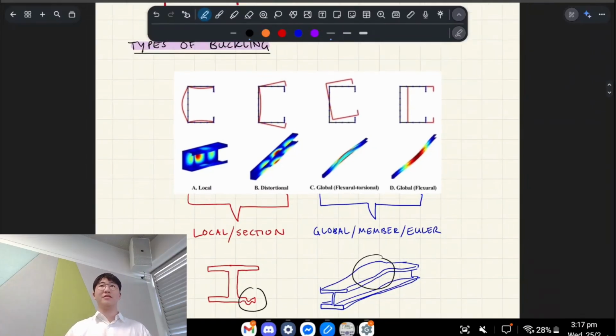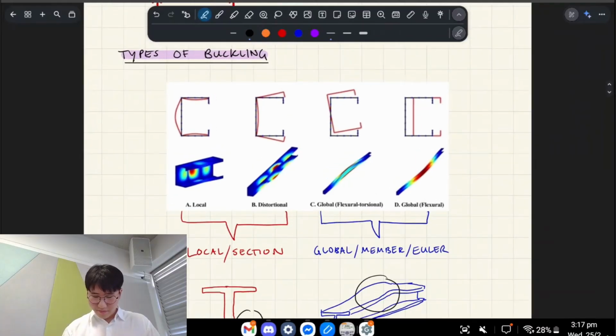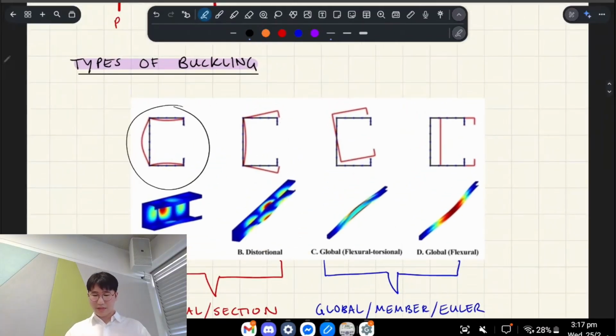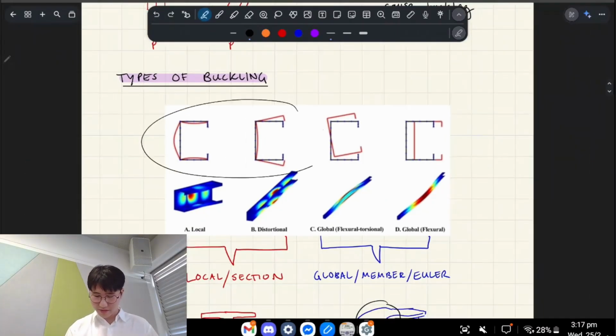Because we're going to want to differentiate the kind of buckling that you see in steel members. Okay, one is local buckling. So that's the cross section. Actually, I kind of group these together to be honest.